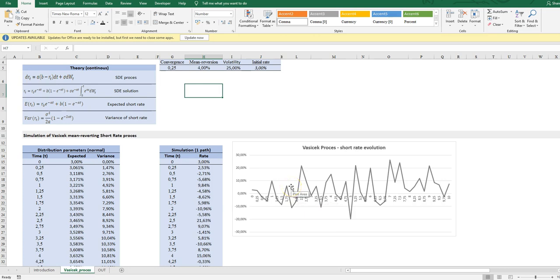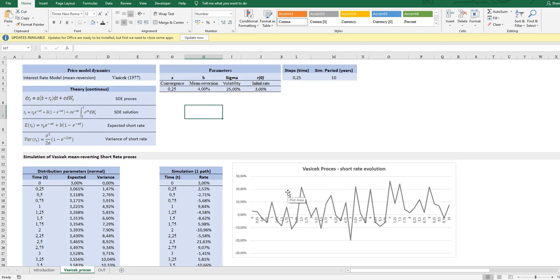And this is also what Vasicek originally used his process for: to calculate not just one zero coupon bond at one time, but the entire term structure at any given time in the future. So this is in short what the Vasicek article and the Vasicek dynamics here was all about: to price zero coupon bonds.